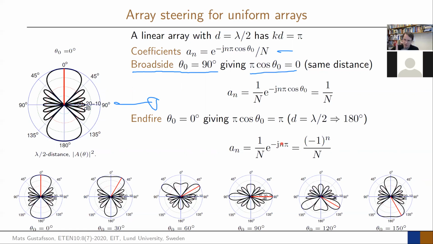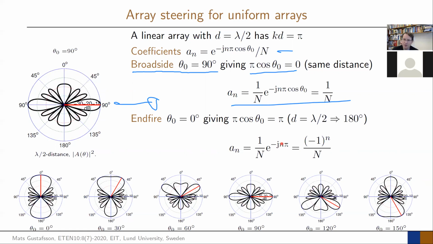That means it's the same distance to all of them, and all my coefficients are just 1 over n. That is the pattern that we will have very soon, the 90 degree one. That is the pattern we saw in the lecture on Monday. So equal amplitude on all of them, but also equal phase. It radiates in the broadside direction.